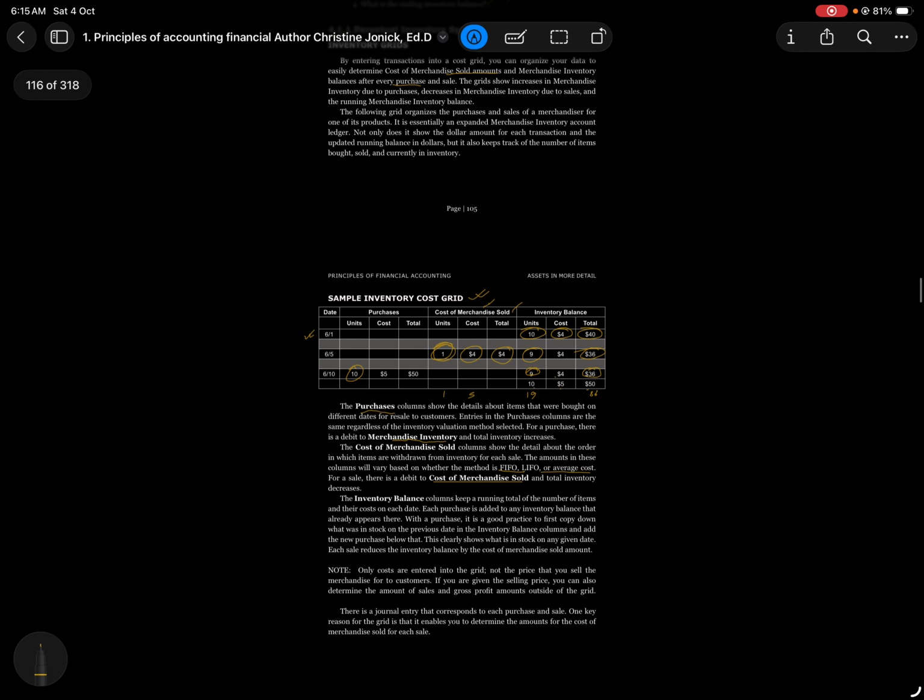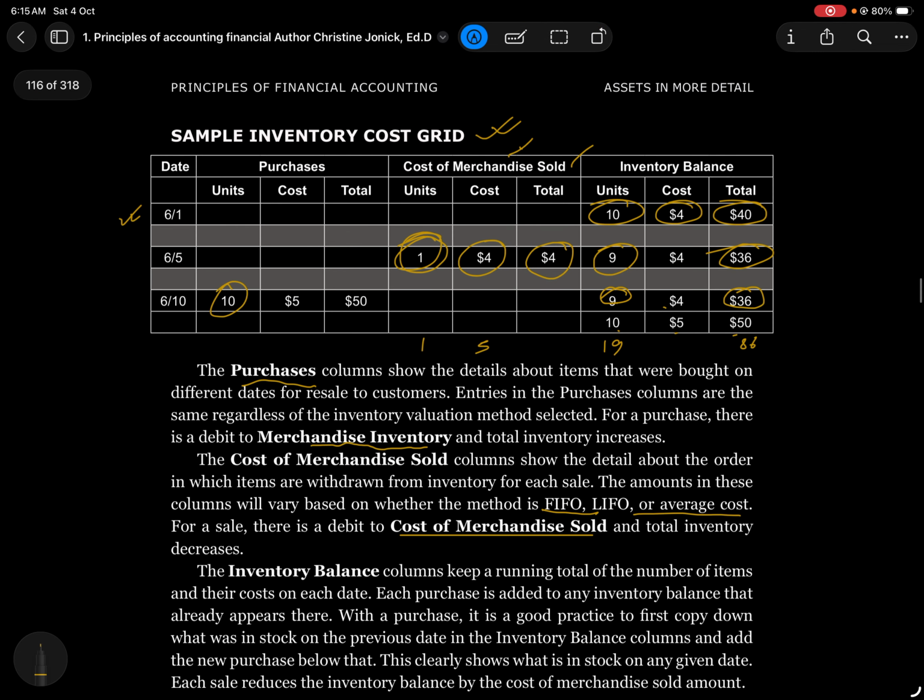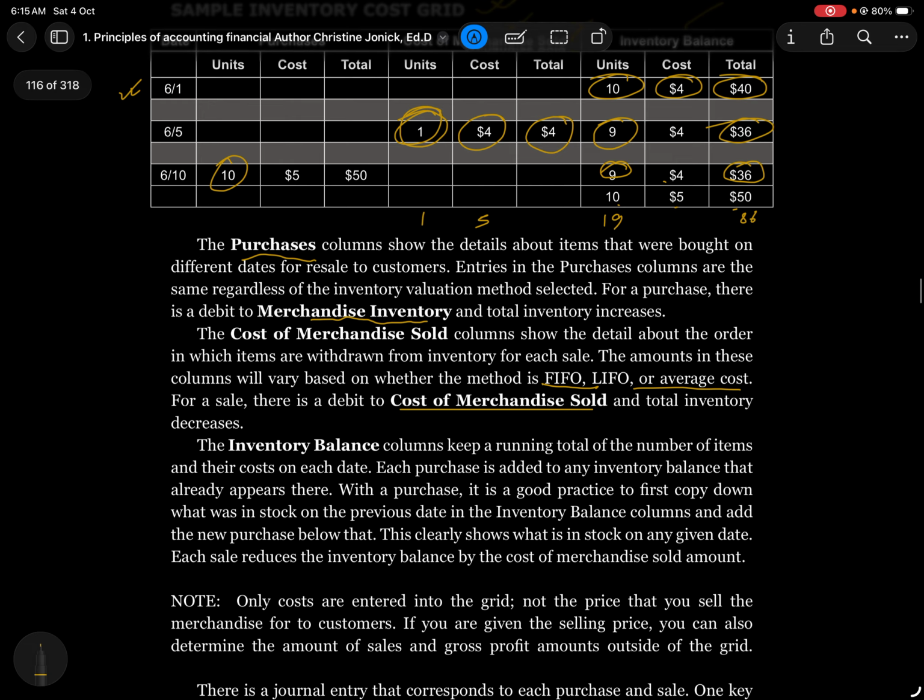Next is basically the inventory balance, right? That's another item in the cost grid. It just keeps a running total of the number of inventory items with their cost on each different date, right? It's just good practice to copy down what was in stock on the previous date for the balance, and any purchases would be added over here as well.